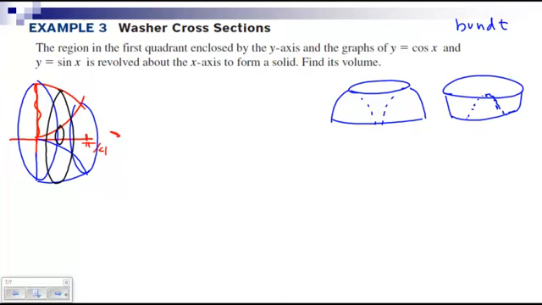Now what I want is the cross-sectional area of that washer, for some arbitrary value x.